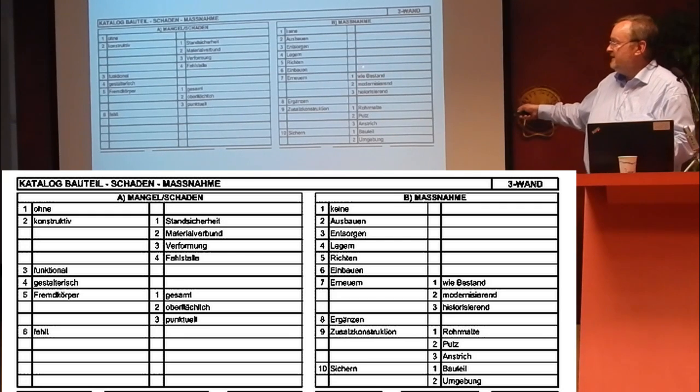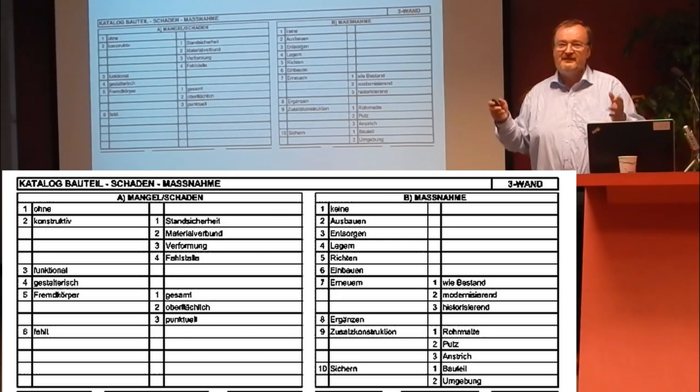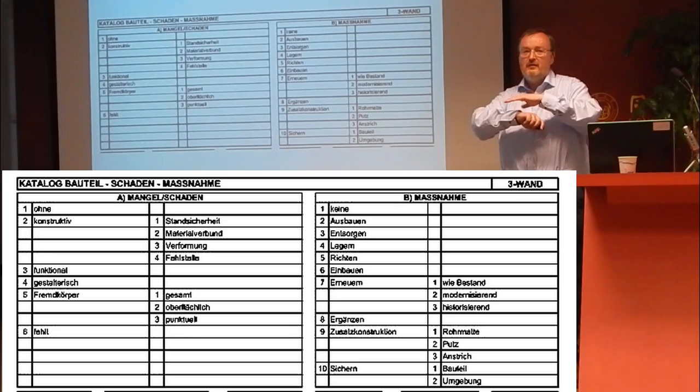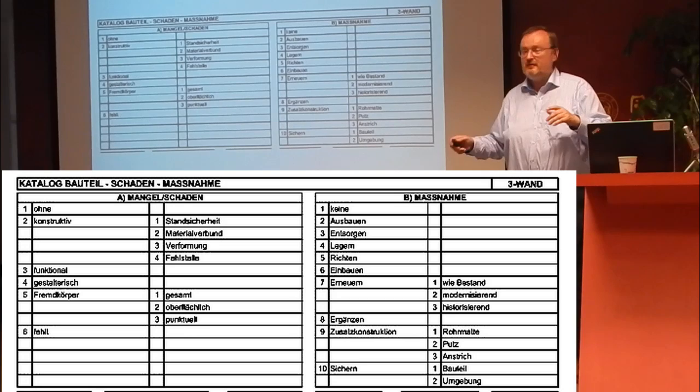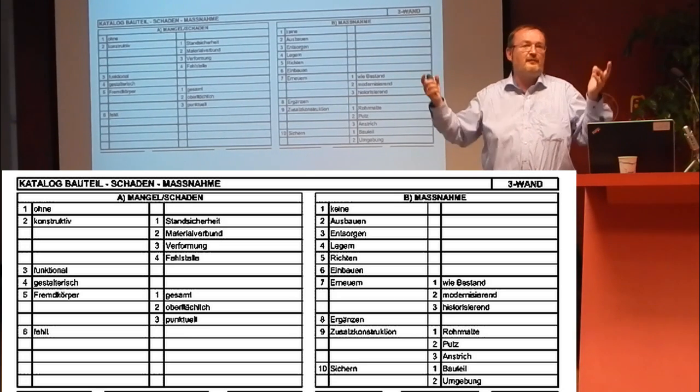And then here's a hierarchy: renewing like the existing, modernizing, so make it better, or historizing. That is the system to get the whole planning of the renovation on paper, in the document. That's one of the main things I use to always stay in the budget. Because with this system, no work will come from outside, or come from itself.